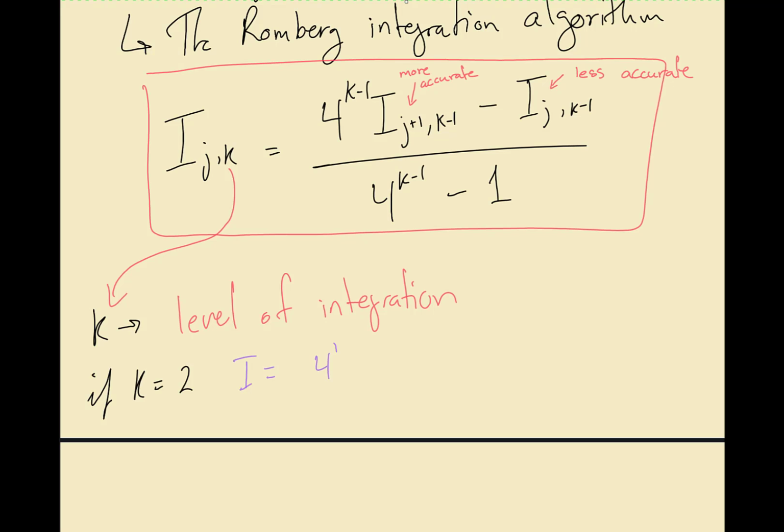Because k minus 1, so 2 minus 1, 1, times I, which is, in this case, just j plus 1, and then we're going to put 1 here for the level, or the order of the iteration number, which is first iteration, minus the less accurate, so j, again iteration number 1, divided by 4 to the 1 minus 1. You expand this out, you're going to get 4 over 3 I more accurate, minus 1 over 3 I less accurate.